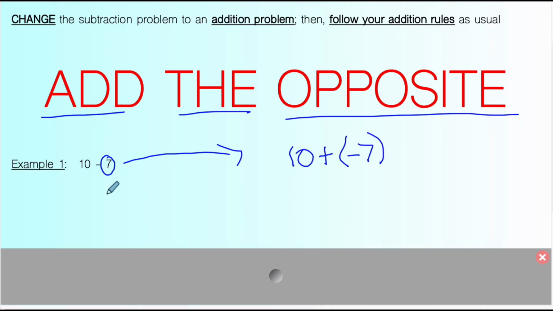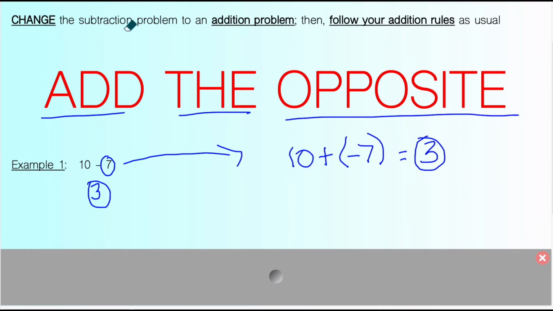So what's 10 minus 7? We all know that. 3. What's 10 plus negative 7? It's 3. Well, if the answers are the same here, then that means this subtraction problem, 10 minus 7, is the same thing as 10 plus negative 7.